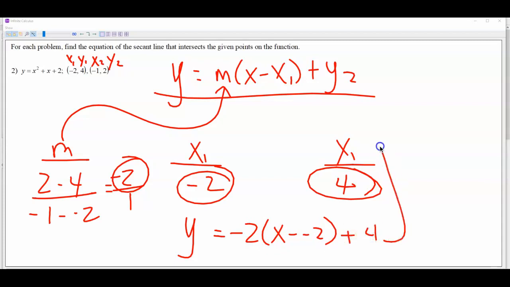Now if you wanted to simplify it, of course this is going to become a positive, and you're going to end up with negative 2x minus 4 plus 4 is going to be 0, so that would be the final answer there, because when you distribute the 2, it becomes a negative 4 and cancels out with that positive 4. So you're just left with negative 2x.